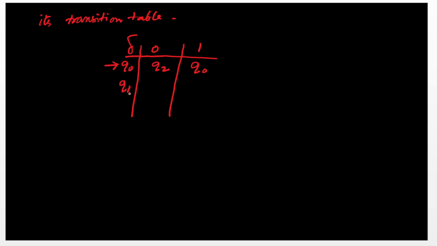Now if you are in the Q1 state, by using 0 you are in the Q1 state, and by 1 you are also in the same state Q1, and Q1 is a final state, that's why we have marked it with a circle. In the case of the transition table we have marked it with a single circle, and for Q naught, by taking 0 it goes to Q2 and by taking 1 it will be Q1.